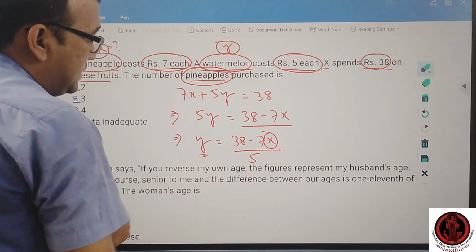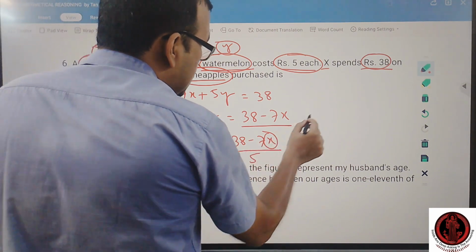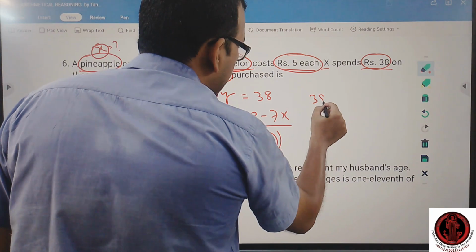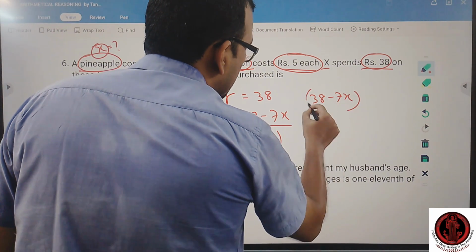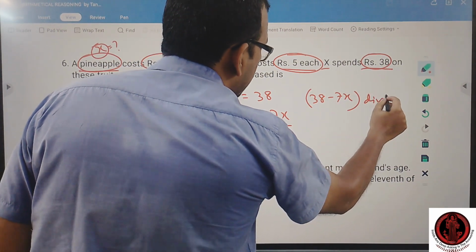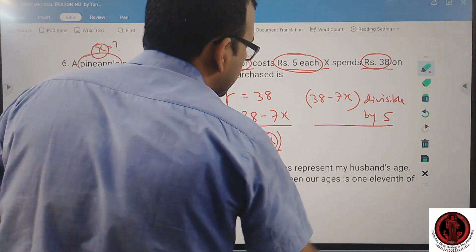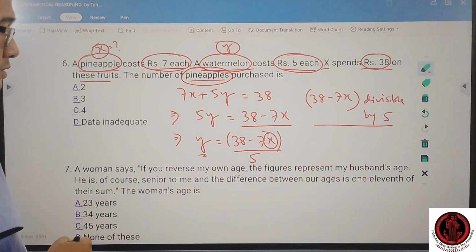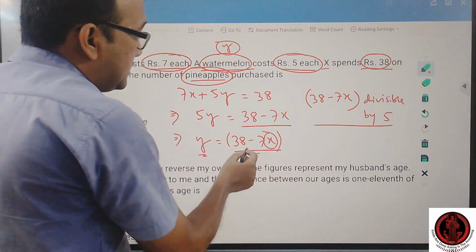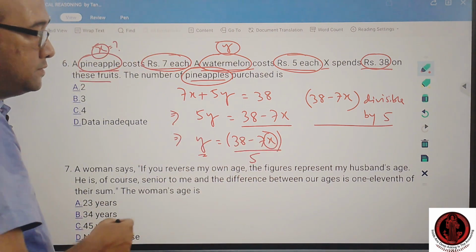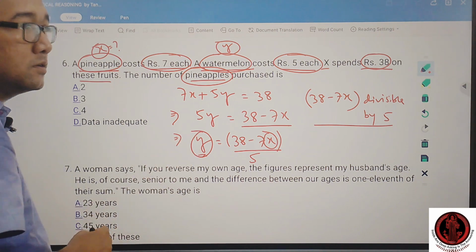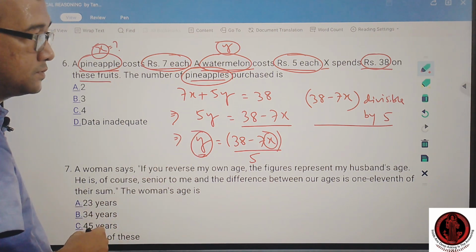Now y should be an integer, that means 38 minus 7x should be divisible by 5. If 38 minus 7x is divisible by 5, then only y is an integer.